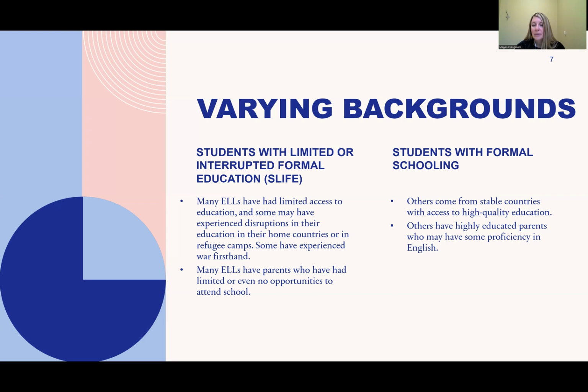And in the same way, their parents come from very highly educated backgrounds. And so we know from research that if a student has strong language and literacy abilities in their home language, they're able to transfer that knowledge and those skills into learning their new language of English. So you can imagine the differences that come up based on the level of schooling that our students come to our schools with.